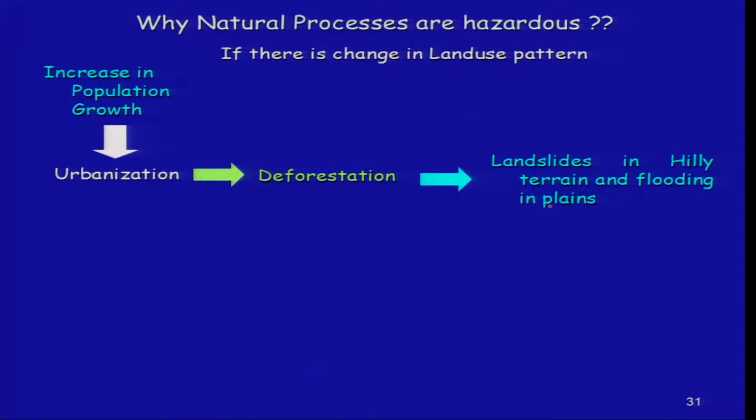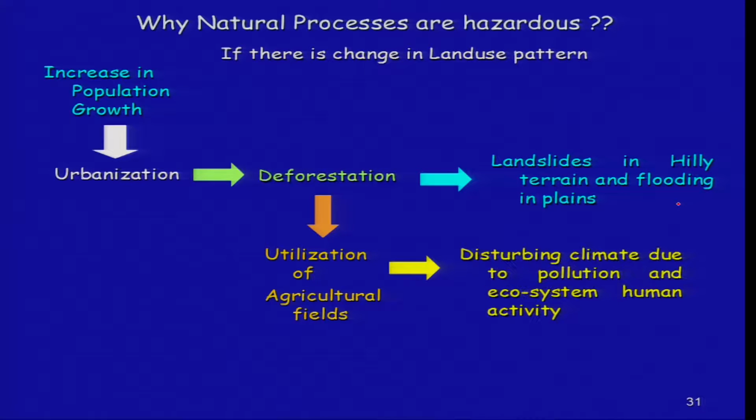These plains are alluvial plains, very similar to the Indo-Gangetic plains. Of course, with deforestation and the utilization of agricultural fields, this will result in more flooding in urban cities, because we lack preparedness and we lack planning, and we are disturbing the climate and ecosystem through pollution.